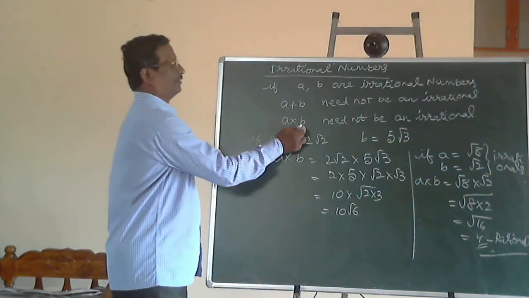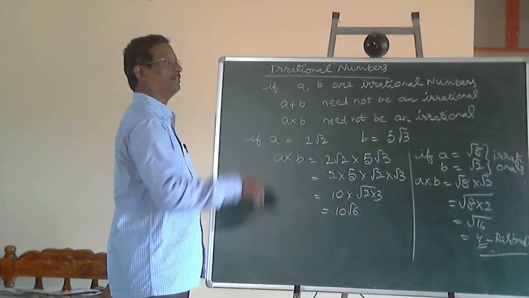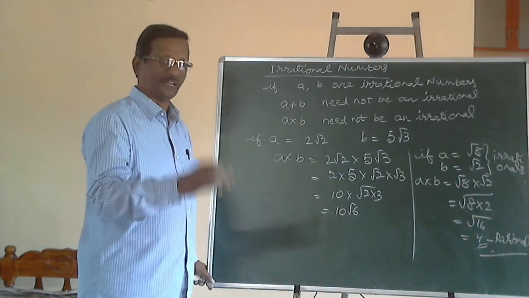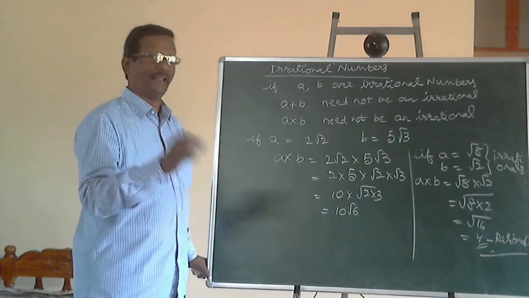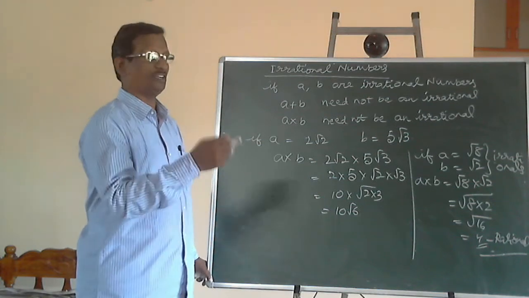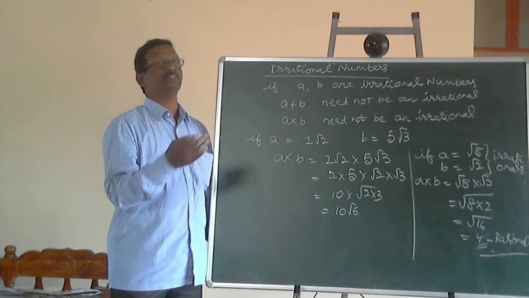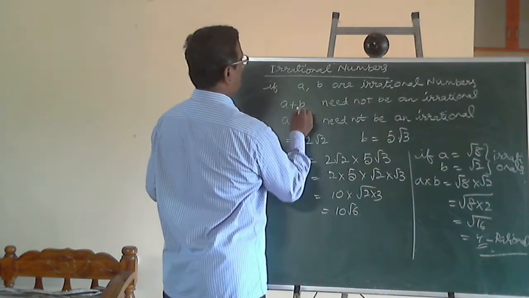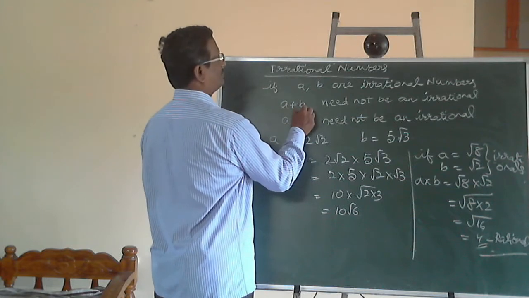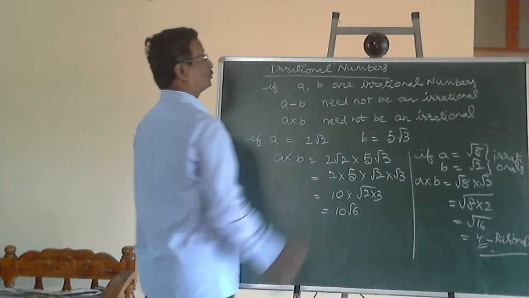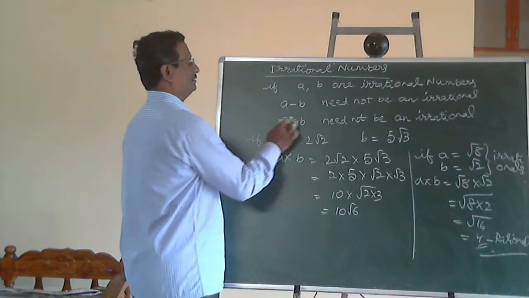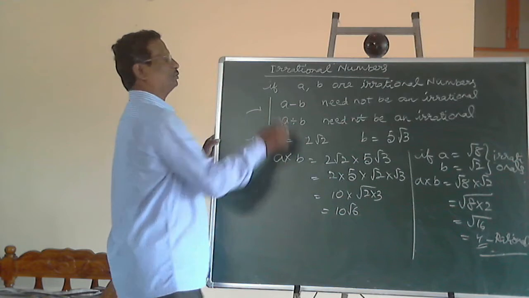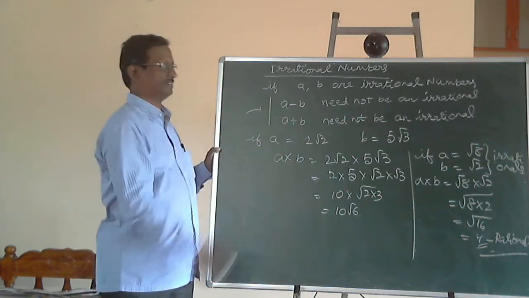When we divide an irrational by another irrational, again the quotient may be sometimes rational, sometimes irrational. So here you can say a and b are any two irrationals. The difference also need not be an irrational. The quotient also need not be an irrational.